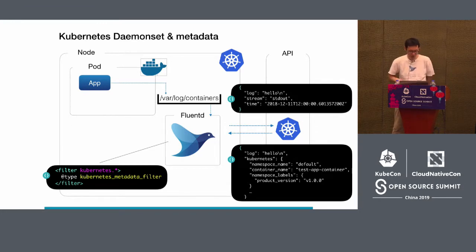Right, this is done by calling the Kubernetes API server periodically, updating the metadata from the API server. So Fluentd will talk to the API server and append the metadata into the logs automatically. Okay, thank you.